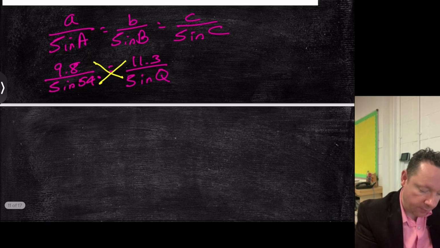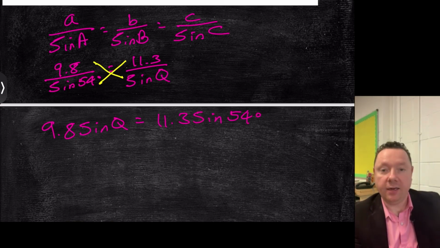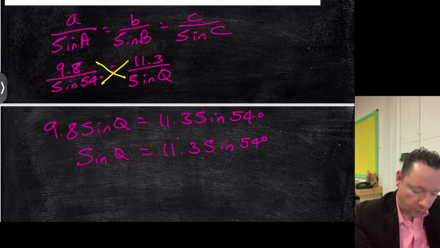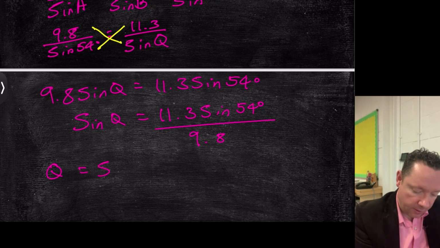So I can write 9.8 sine Q equals 11.3 sine 54. Dividing then by 9.8 to get sine Q: 11.3 sine 54 over 9.8. Then Q is just the inverse sine of that sum, which is 11.3 sine 54 over 9.8.